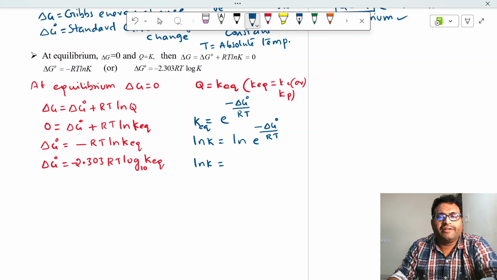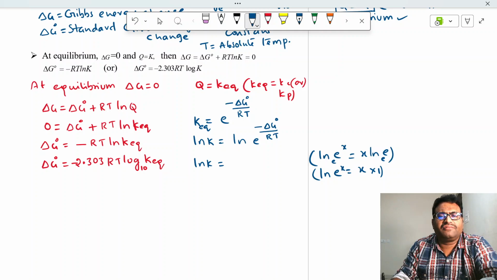We know that log e power x is equal to x log e, and log e to the base e is equal to 1.